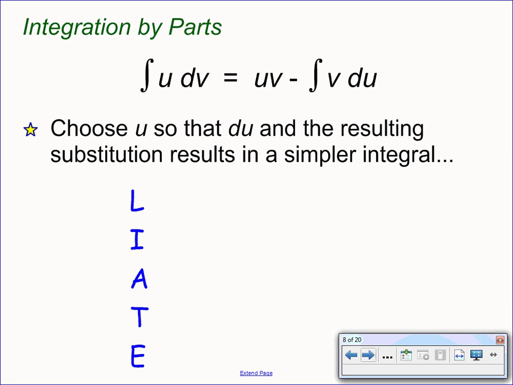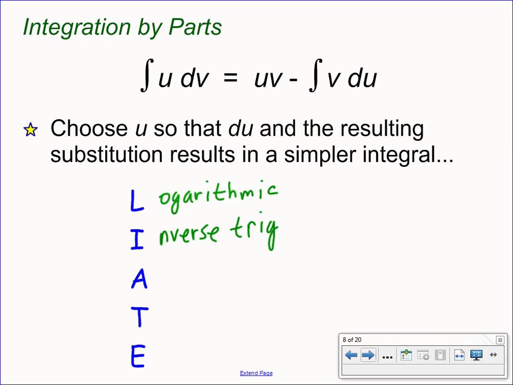L stands for logarithmic functions. If there's a logarithmic function in your original product, always choose the logarithmic function to be u first. If there's no logarithmic functions, next in the order of priority would be inverse trig functions. So inverse trig functions are next to receive top billing.